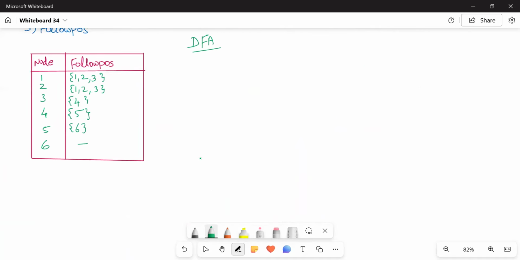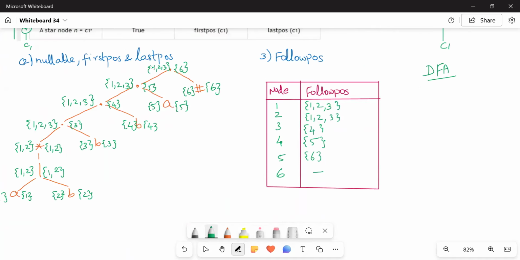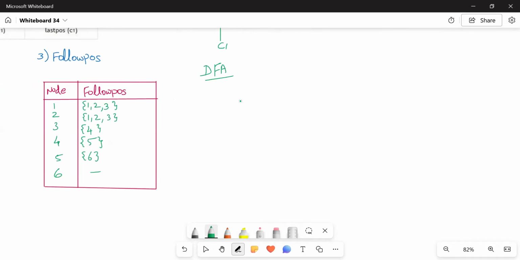So what is first position of root? 1, 2, 3. So 1, 2, 3 is our start state.